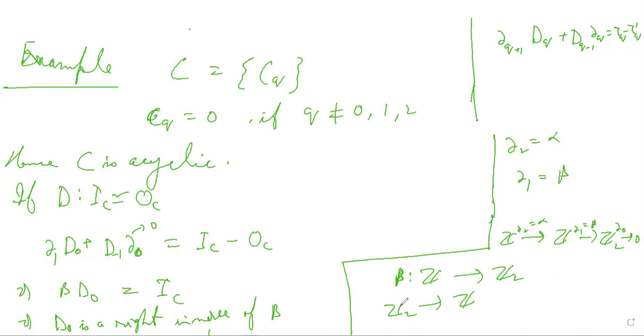But any homomorphism from Z2 to Z is going to be trivial, because if 1 goes to some n not equal to 0, then 1 plus 1 will have to go to n plus n.